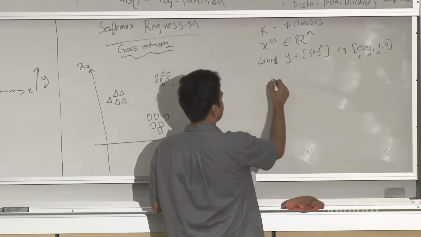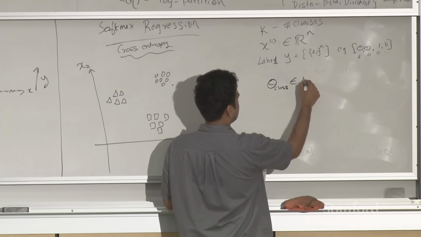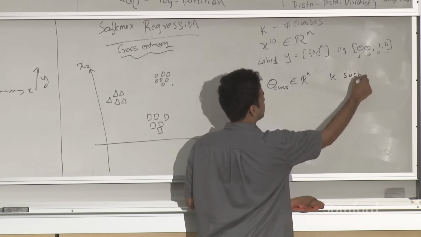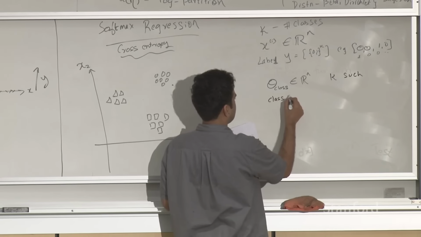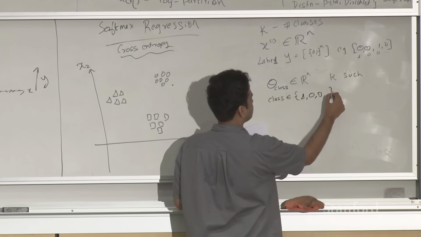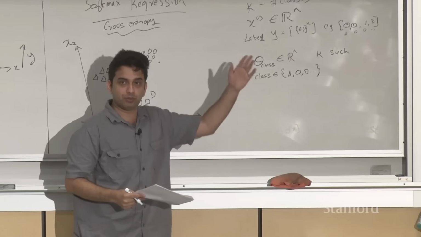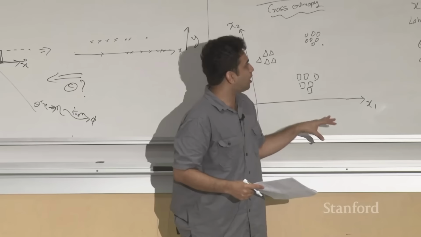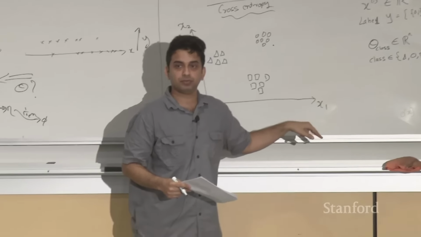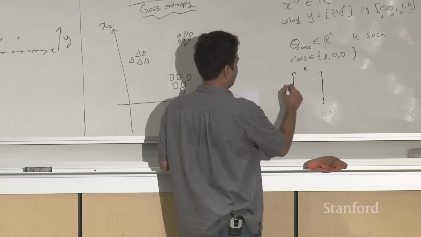So we have theta class in Rn, and there are k such things, where class is triangle, circle, square, etc. In logistic regression, we had just one theta, which would do a binary, yes versus no. In softmax, we have one such vector of theta per class. You could also optionally represent them as an n by k matrix.